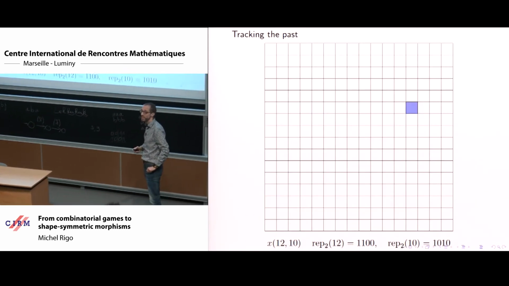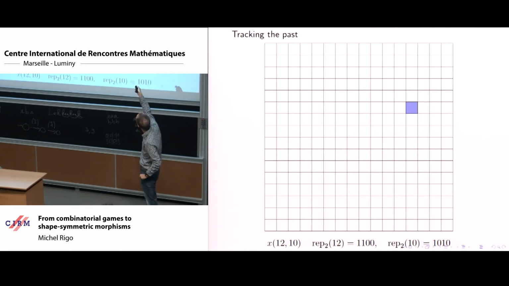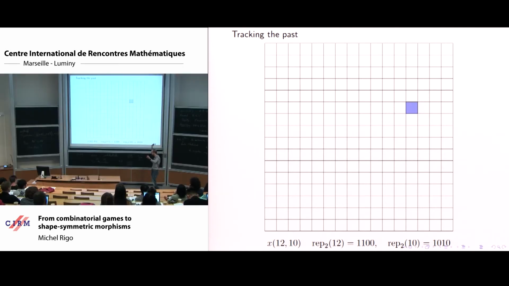Just like yesterday, if you want to know where this particular cell comes from when you iterate the morphism, this one is in position 12, 10, and I start with 0.